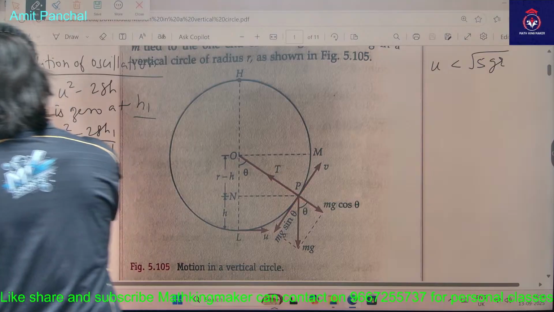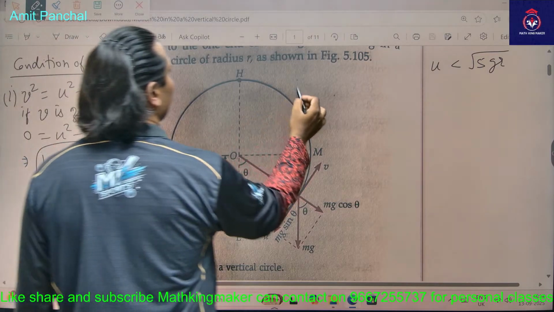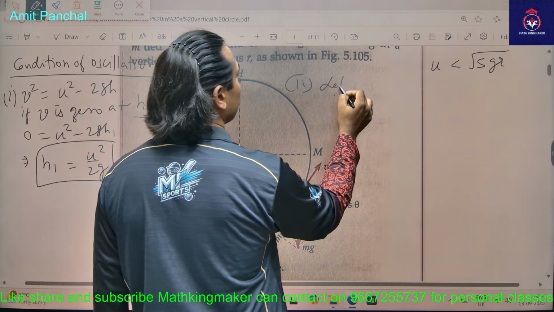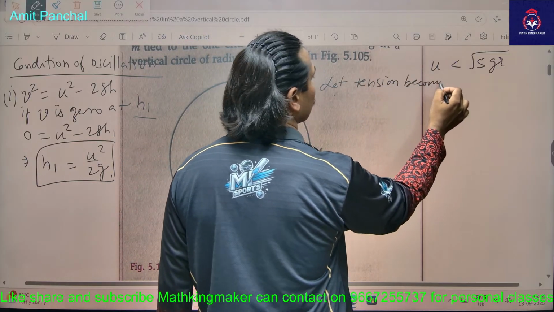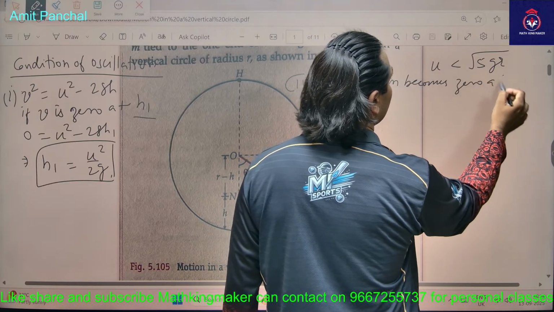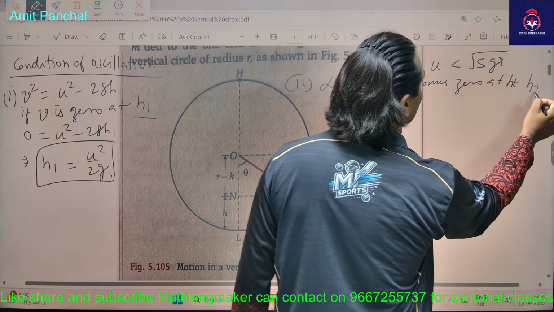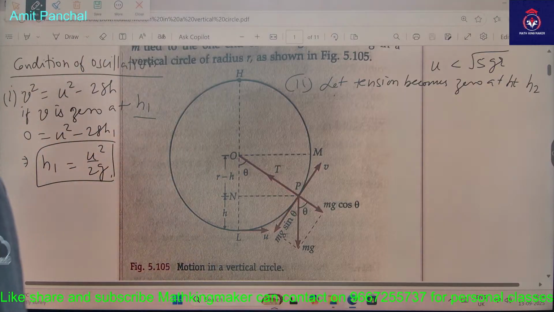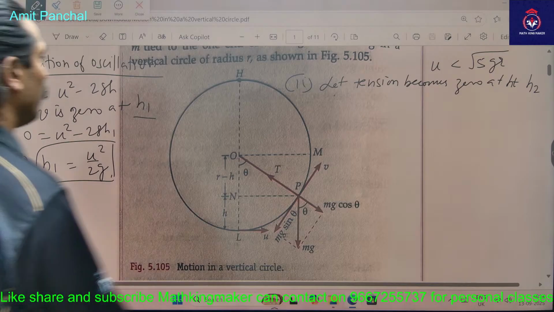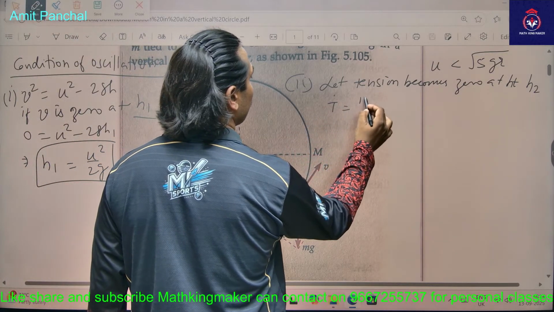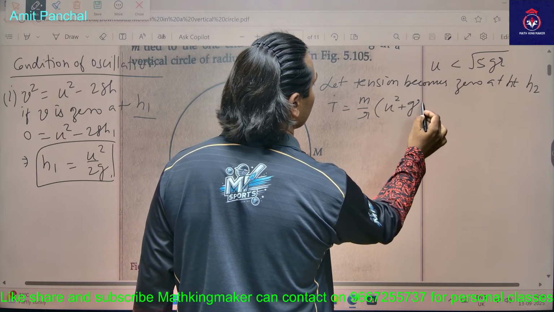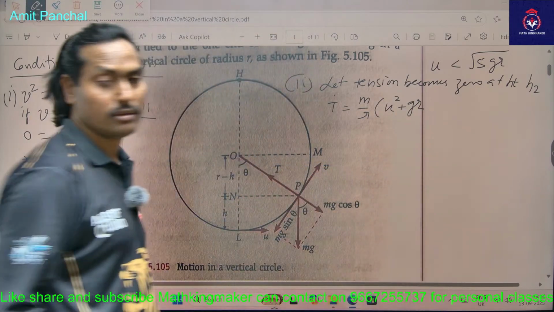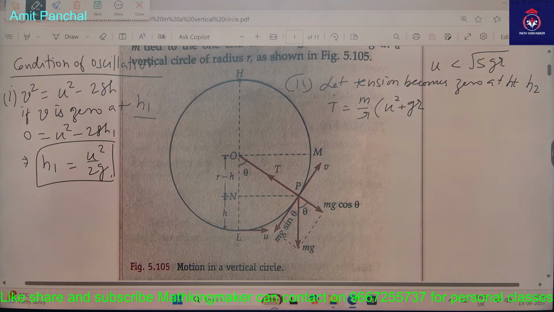That is scenario 1. Scenario 2: let tension become 0 at height h2. If tension becomes 0 at height h2, what was the formula? The formula of tension was m by r into u square plus gr minus 3gh.